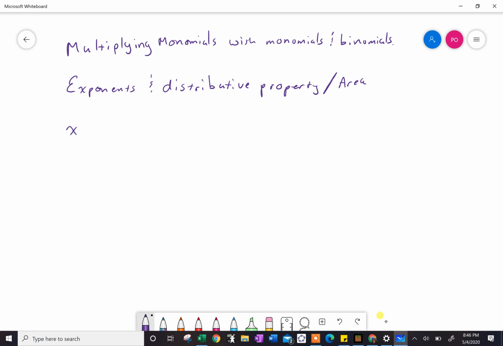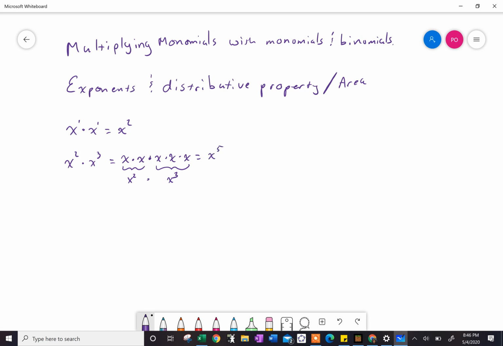So if you have x times x, you know that's x squared, because it's really x to the first times x to the first. You also know that if you have x squared times x cubed, that's really, here's my x squared, here's my x cubed, which means that you really have x to the fifth.